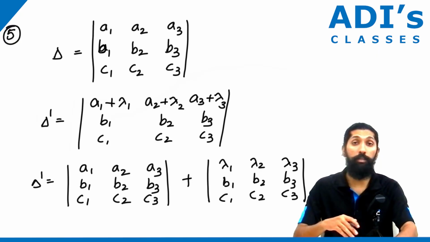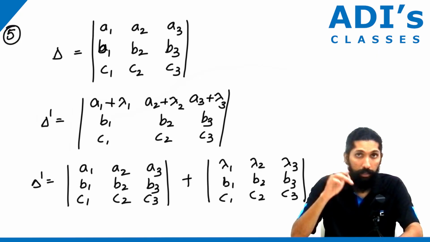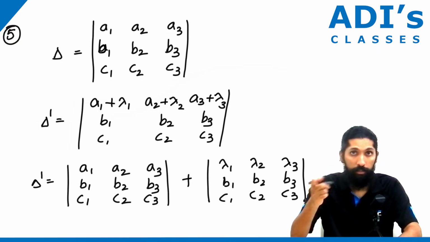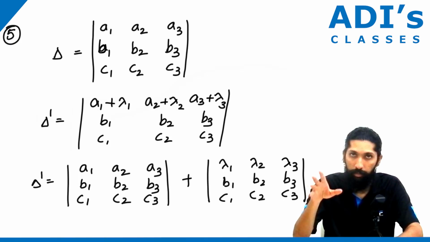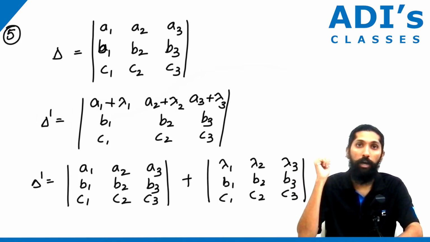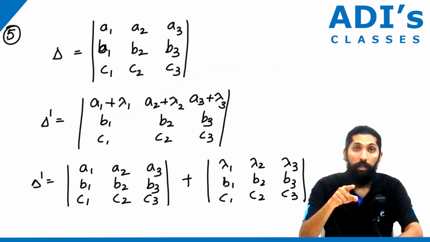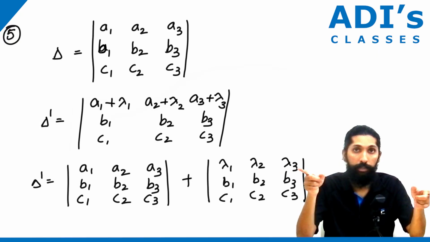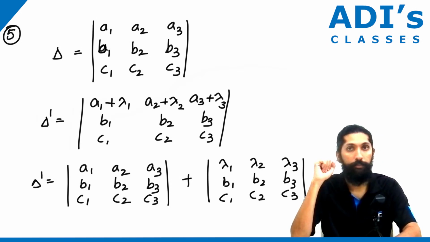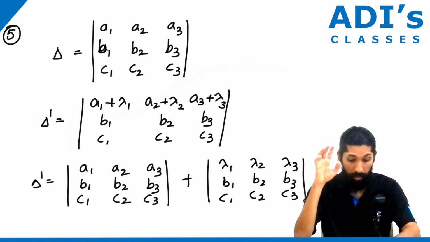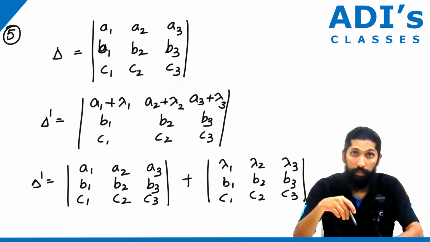So here you have delta plus another one. Whenever one element is a sum of two elements, you can split the determinant, and this is what you get. This is the 5th property. Let's move on to the 6th property.